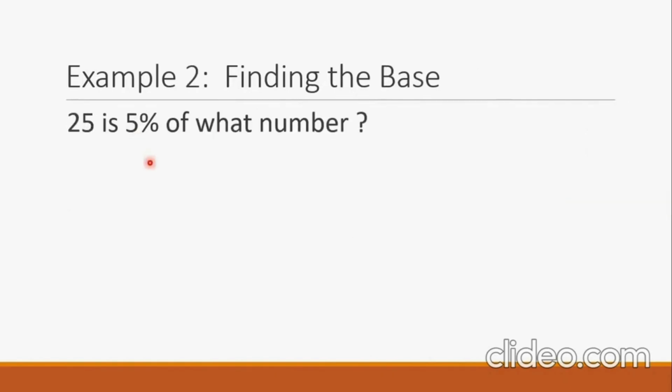Let's have example 2. This time it is finding the base. The problem is 25 is 5% of what number? So let us collect the given. Again, the immediate value that we can write is the rate because of the percent sign.